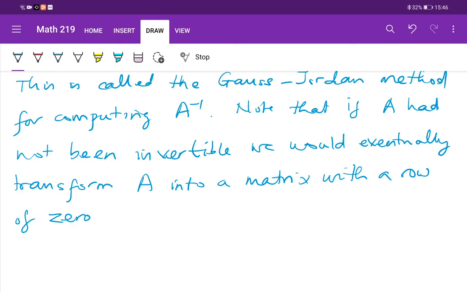So you don't need to check that A is invertible first. If you apply Gauss-Jordan, either A will eventually be converted into a matrix with a row of zeros, or you will get the identity matrix. If you get the identity matrix, then after the vertical line, you will have A inverse.